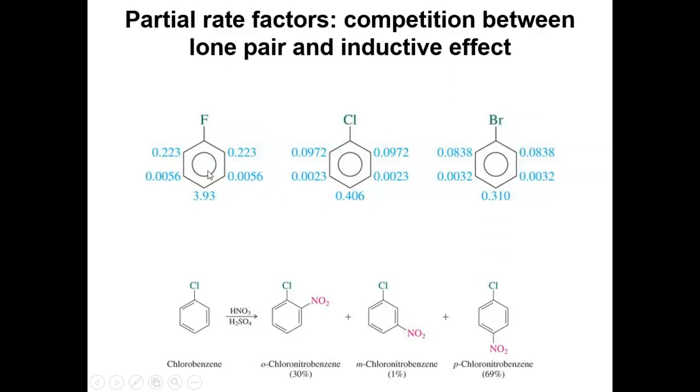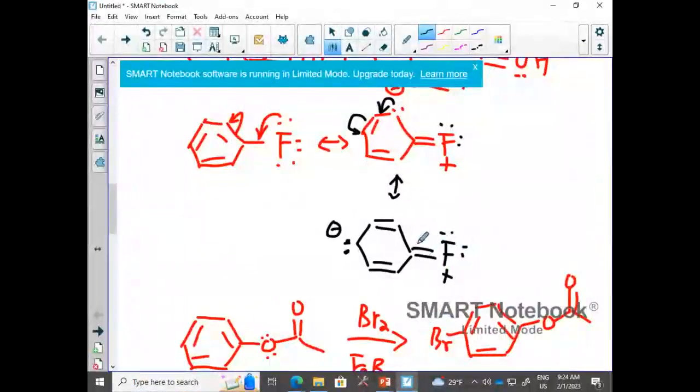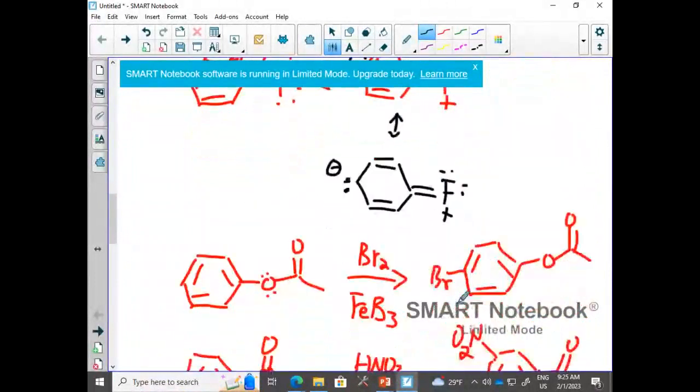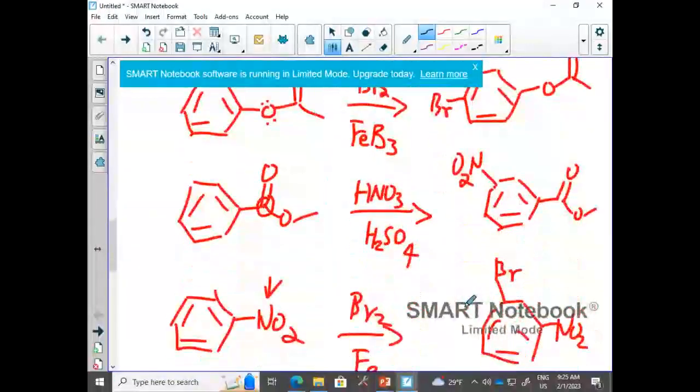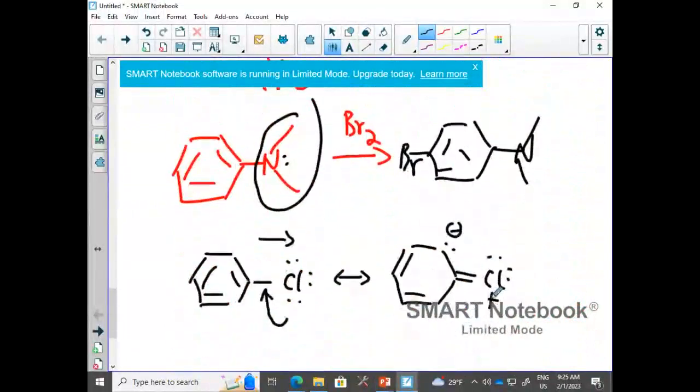This one is the strongest. This one second. This one third. Why? Because the C-F bond is the strongest, followed by the carbon-chlorine bond, because the carbon-chlorine bond is substantially longer, and the carbon-bromine bond even longer. Okay?